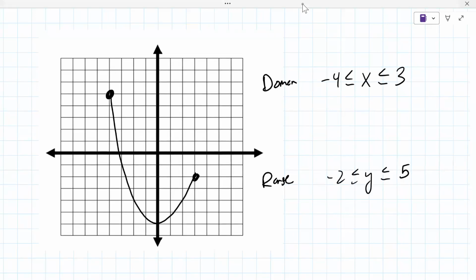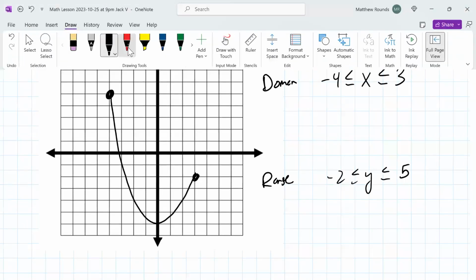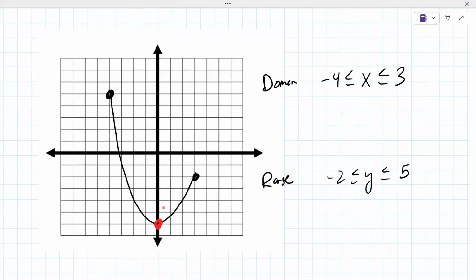All right. So let me ask you about this ordered pair right here. Can you give me that ordered pair where the red is, please? Like the coordinates. Yes, exactly. The coordinates. 0, -6. Okay. Is -6 less than -2?